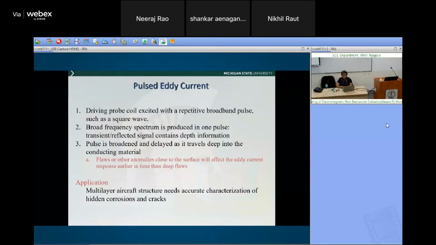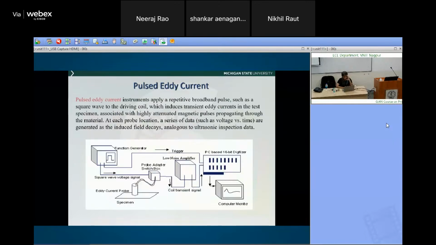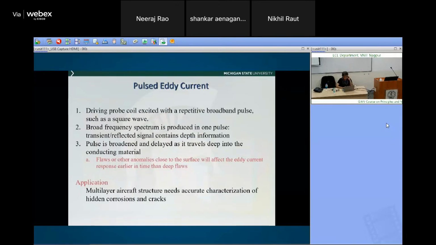So you now have a broad frequency spectrum by using just one pulse, but it's a time domain signal now. That means you have a true diffusion phenomenon, so the governing equation has the d by dt of the field. Flaws that are close to the surface will appear first, and if it's buried deeper, you will get a later signal in the time domain.